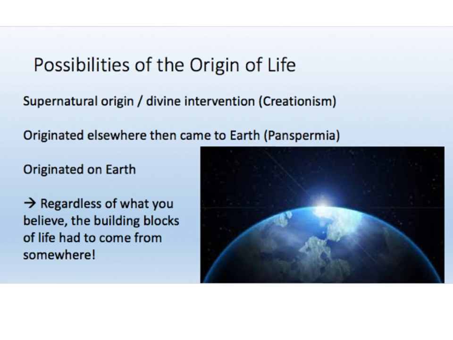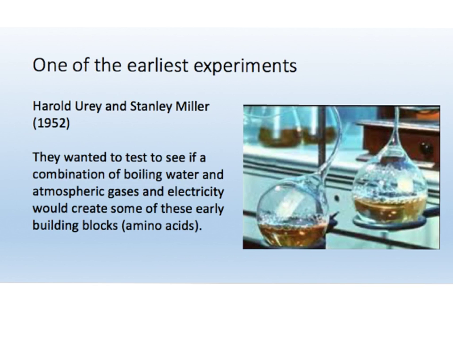Some people believe in creationism, that life is of a supernatural origin, or that there was some sort of divine intervention that created life on Earth. Others believe in panspermia, that life originated elsewhere and then came to Earth, but that still doesn't solve the problem of how it originated in that other location. And others still believe that life itself originated on Earth, but regardless of what you believe, the building blocks of life had to get here from somewhere.